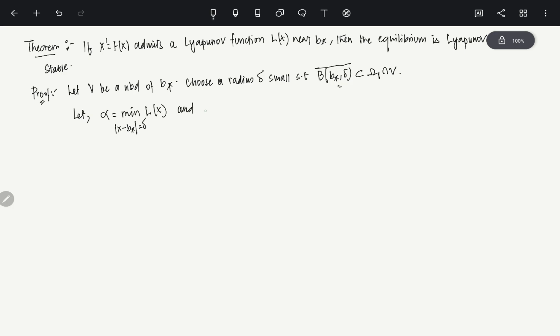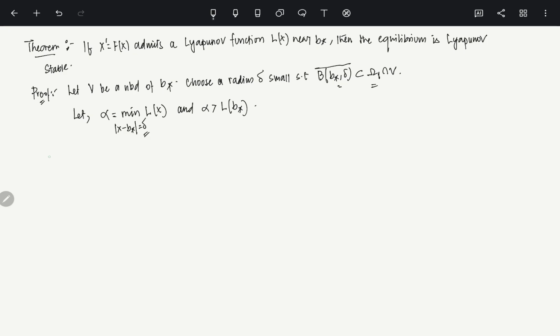And of course, alpha will be greater than L of B star. I hope this is clear. Why? Because B star is the minimum of L on that omega 1, right? And since this ball is in omega 1, alpha has to be greater than L of B star, because L of B star is the minima.